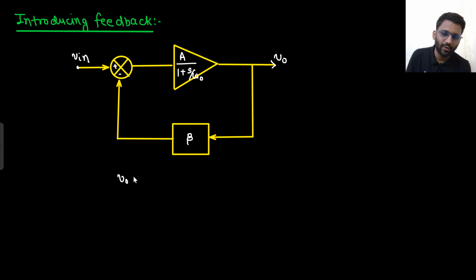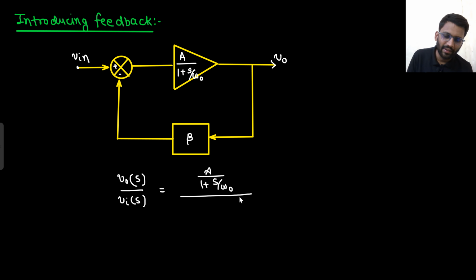So what will be your V naught S by V in S? That would be A upon 1 plus A beta. So A upon 1 plus S by omega naught, divided by 1 plus A beta times 1 plus S by omega naught.